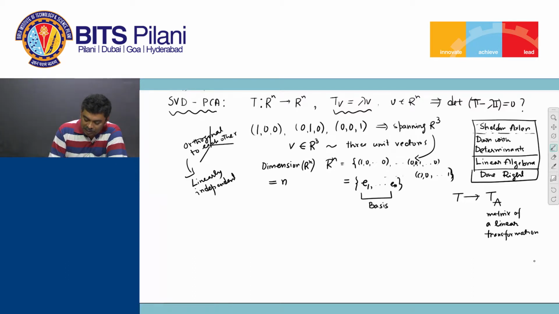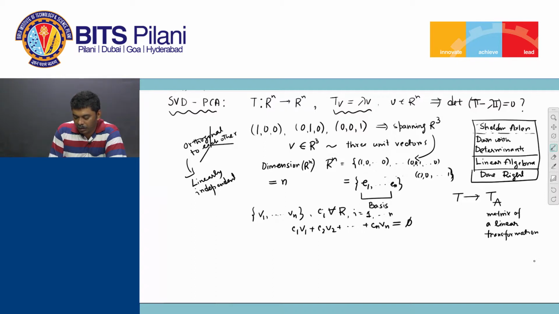So formally speaking, if I have a bunch of vectors v1 through vn, okay, and accompanied by a bunch of scalars in such a way that I write a linear combination of all that. So it's c1 v1 plus c2 v2 and equate that to 0 vector.